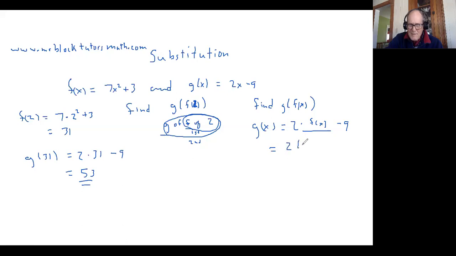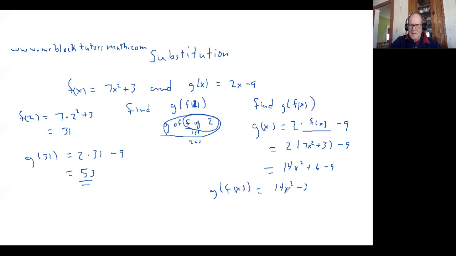Well, f of x is 7x squared plus 3 minus 9. So distributing that 2, I get 14x squared plus 6 minus 9, which is 14x squared minus 3. Now, notice something interesting. That's what g of f of x is.